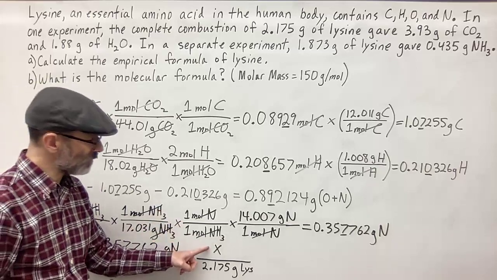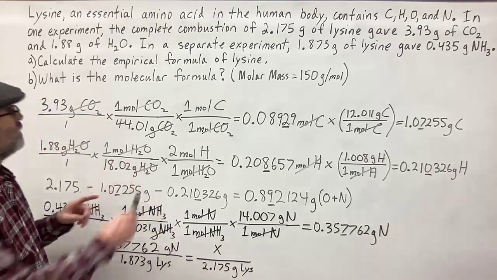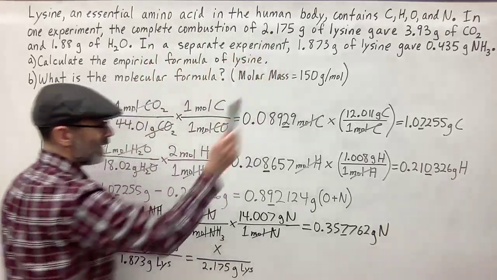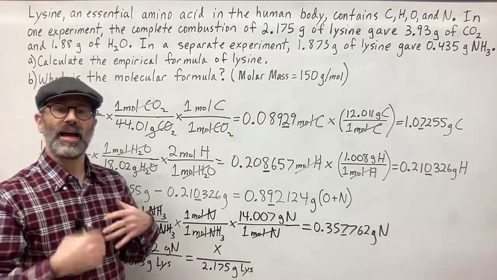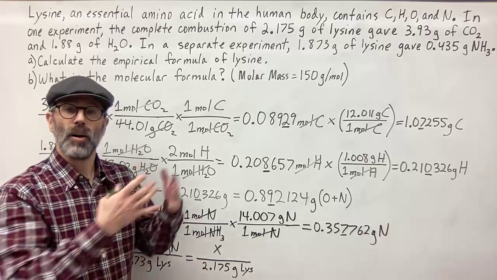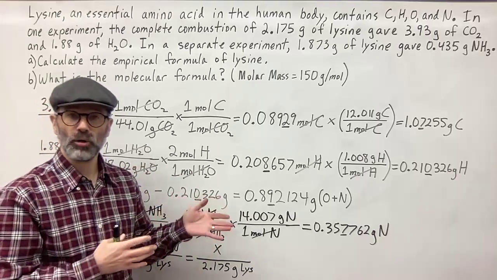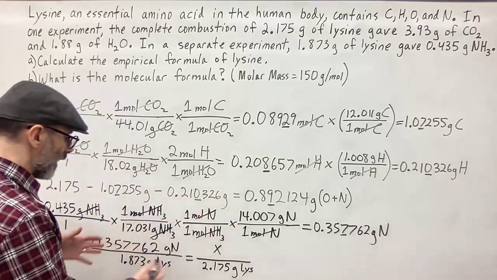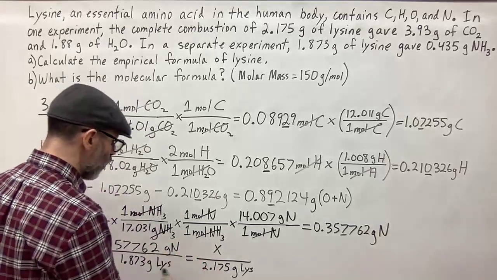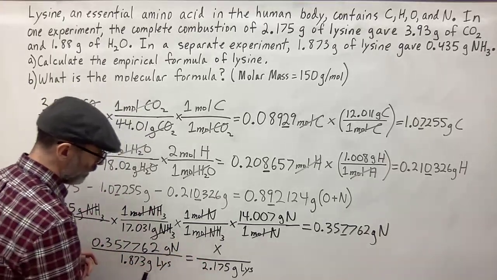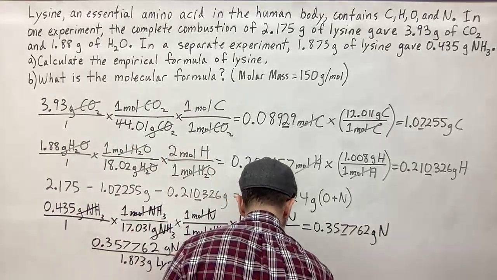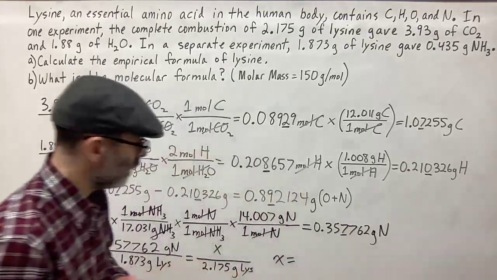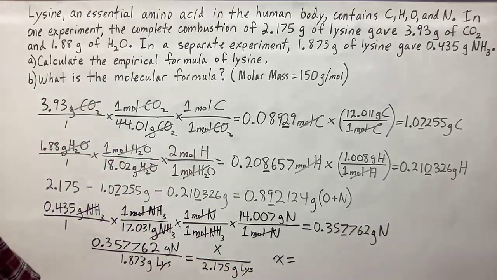So I'll have the mass of the nitrogen from this original sample, and the mass of the oxygen that's left over, and I can convert those to mole amounts using their molar masses. So when you solve for x, you cross multiply and solve for x. What's x?